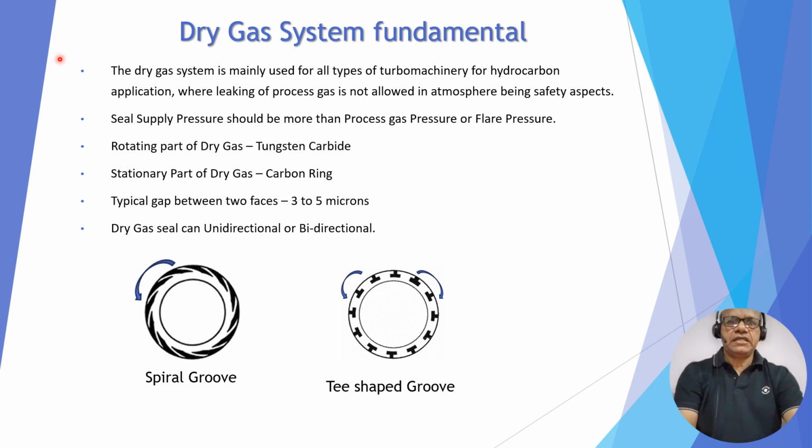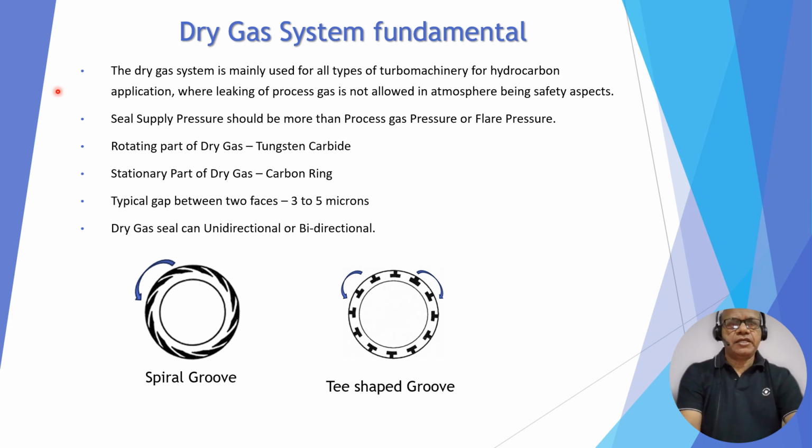So the dry gas seal system fundamental says that dry gas seal is generally used for hydrocarbon applications, and the basic rule is that we cannot vent the hydrocarbon gas into the atmosphere, being a safety reason, and so proper sealing is required, and for that dry gas seal is essential.